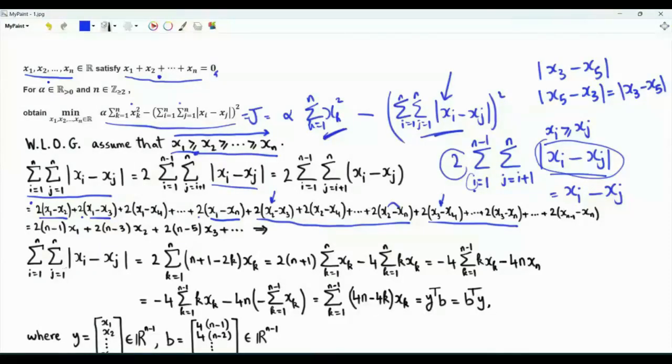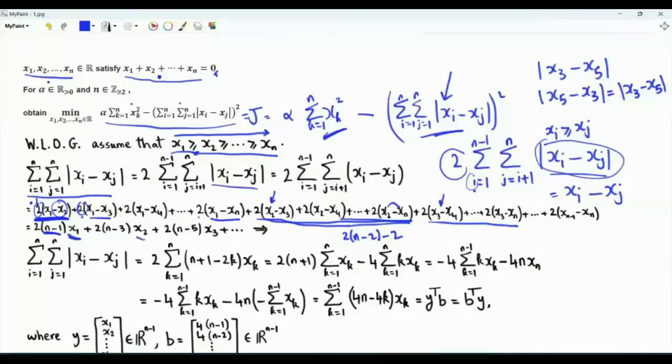what is the coefficient of xk? What is the coefficient of x1? x1 appears in these n minus 1 brackets, and there is this factor of 2. So x1 is multiplied by 2 times n minus 1. What about x2? x2 appears in these n minus 2 brackets. However, it also appears here. From here, x2 is multiplied by 2 times n minus 2, but then there is an extra minus 2 because of this bracket.